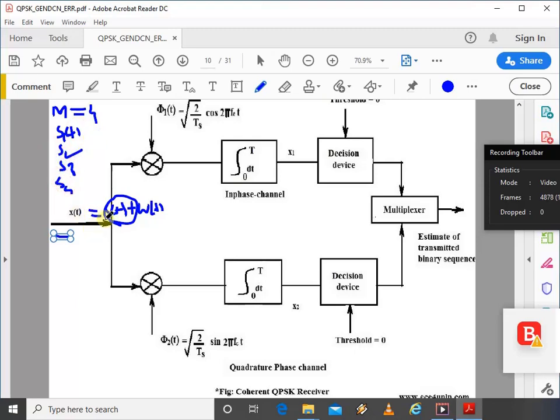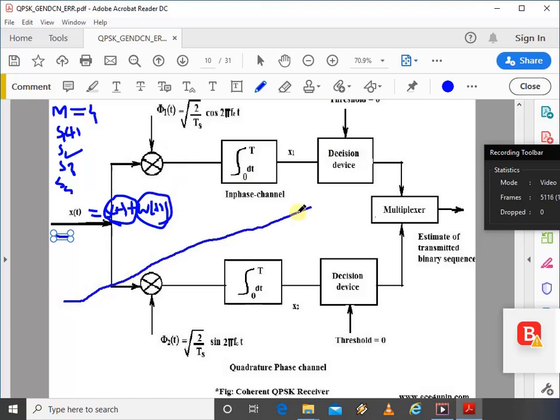So what we may be receiving is s1 of t plus w1 of t, s2 of t plus w2 of t, s3 of t plus w3 of t, s4 of t plus w4 of t. Along with the message signals s1, s2, s3, s4, we are also receiving the noise in the input signal.